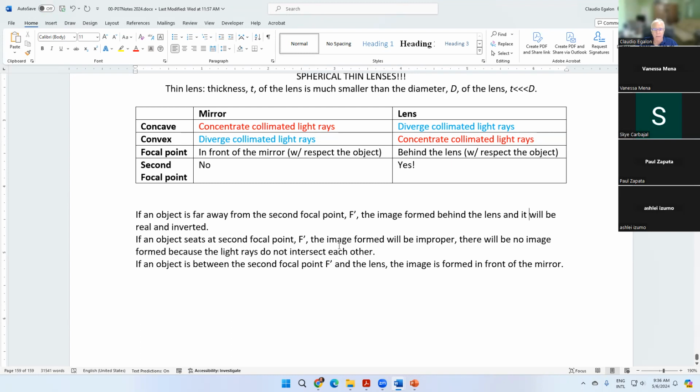If an object sits at the second focal point, the image formed will be improper. If an object is between the second focal point and the lens, the image is formed in front of the lens, and it will be virtual and straight.